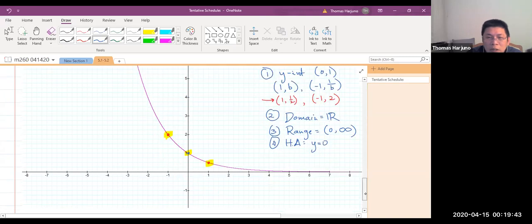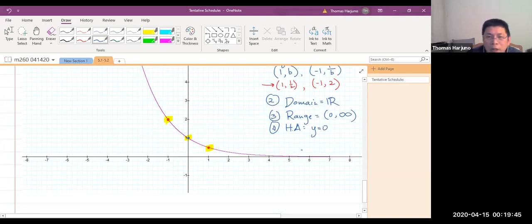But notice that the horizontal asymptote is only on the right-hand side. As x approaches infinity, y approaches 0. When x approaches negative infinity, y approaches infinity.